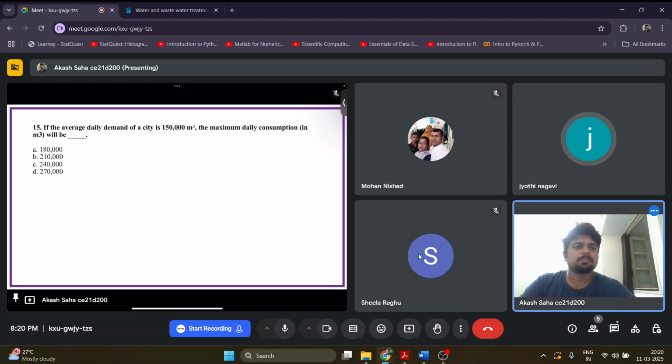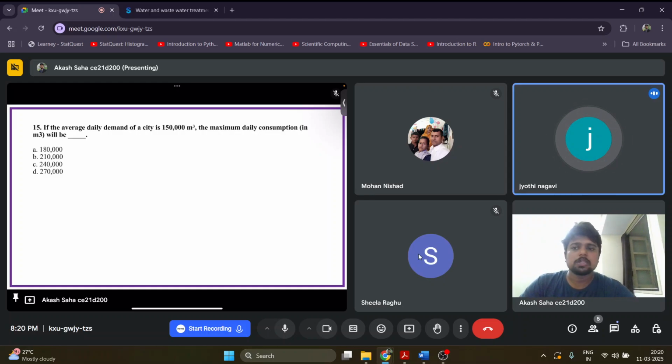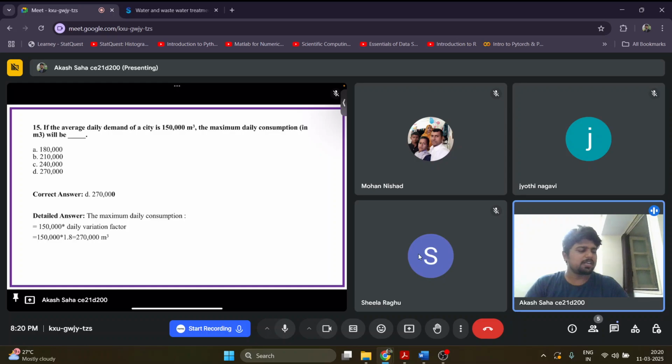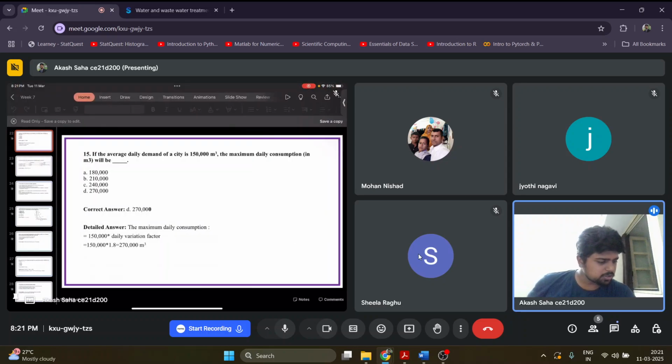Any idea? 2,70,000. Option D, sir. So definitely we just have to multiply with 1.8. So the factor from average daily demand to maximum daily demand will be 1.8. So 2,70,000 meter cube.